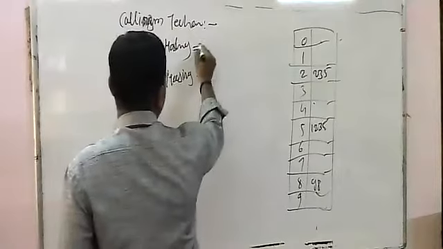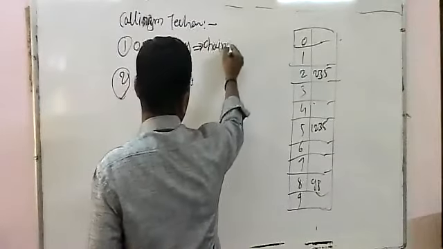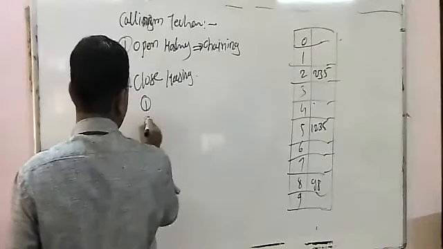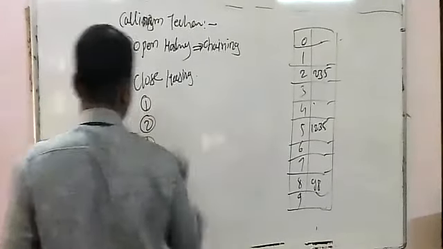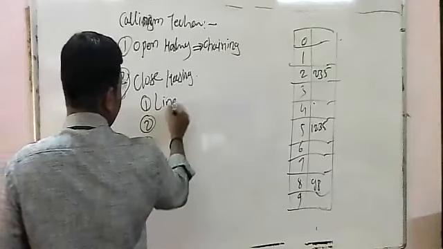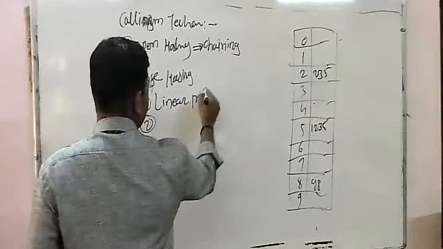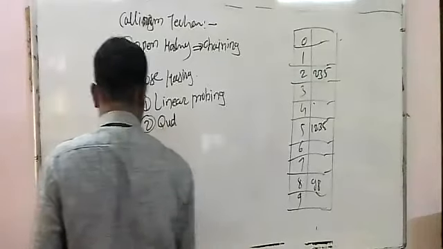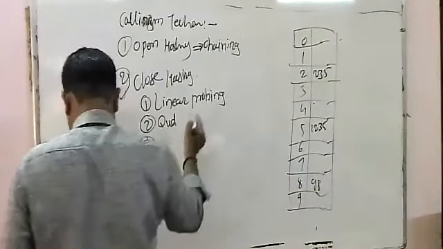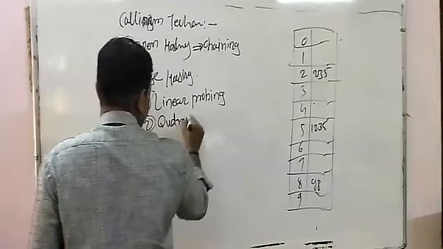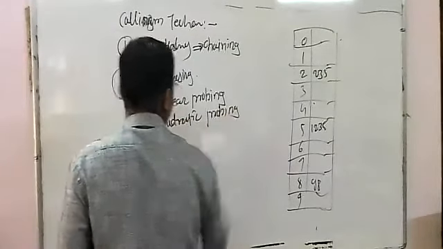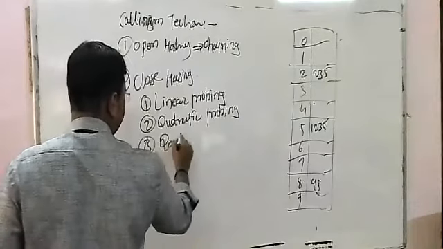Open hashing is done by using chaining, and closed hashing is done by three different techniques: first, linear probing, second, quadratic probing, and last one is double hashing.